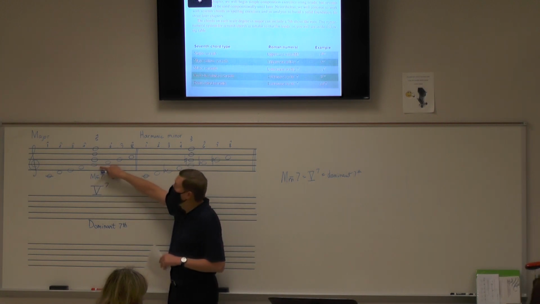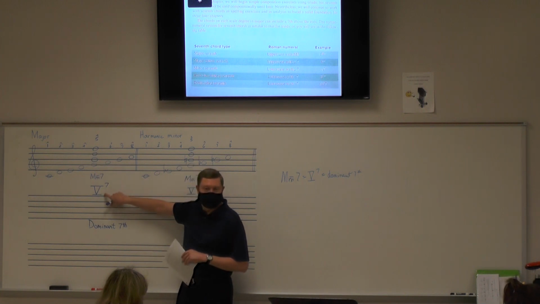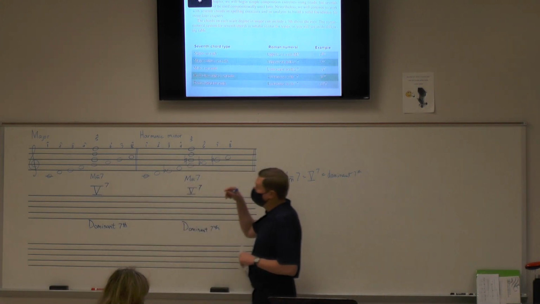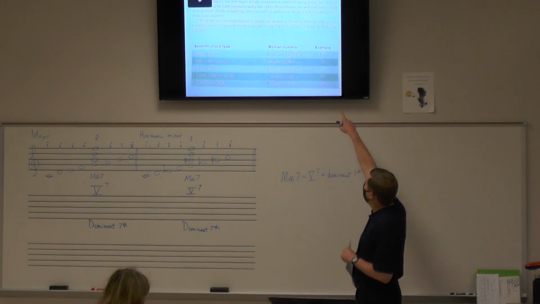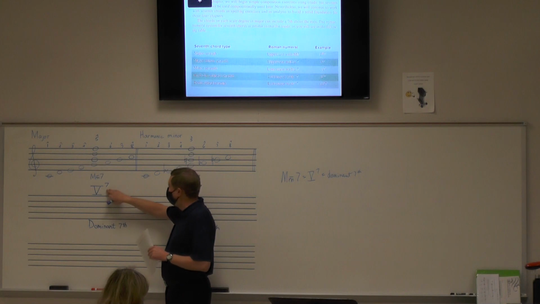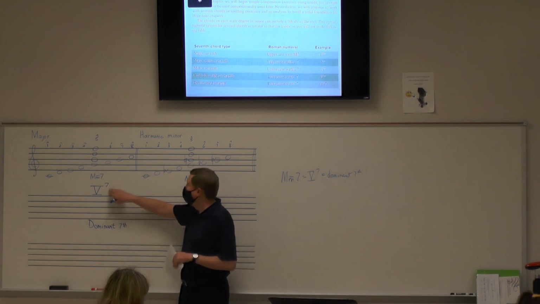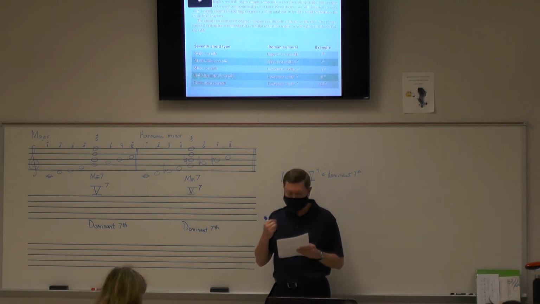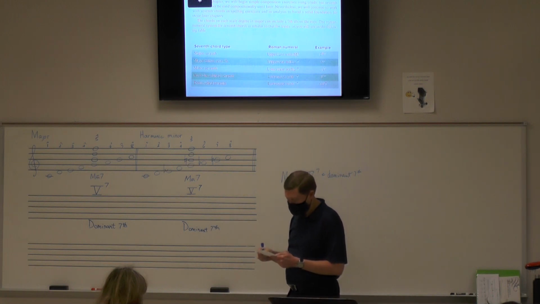Because this is a seventh chord built on scale degree 5, I used the Roman numeral V. The case of the Roman numeral, in this case uppercase, gives us the type of seventh chord, especially when we accompany it with one of these other little symbols, like a capital M, or a half diminished symbol, or a diminished symbol. And the inversion is indicated with the right inversion numbers sitting right next to the Roman numeral. So there are those three critical pieces of information with seventh chords, just like with triads.